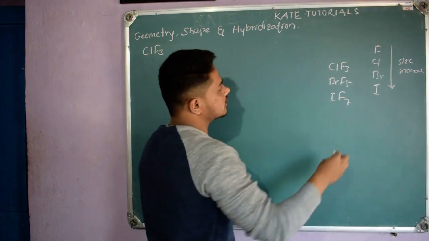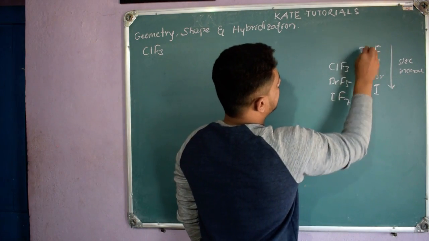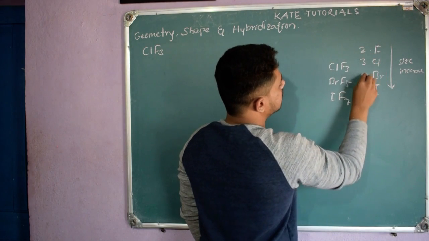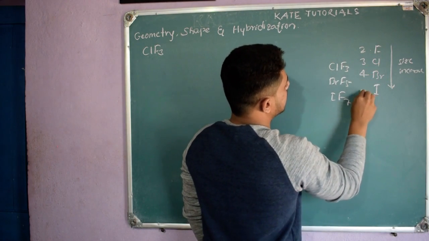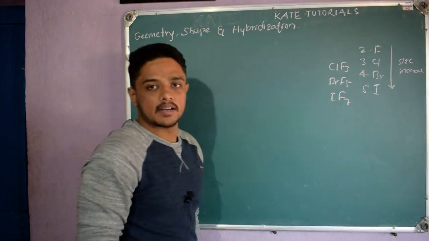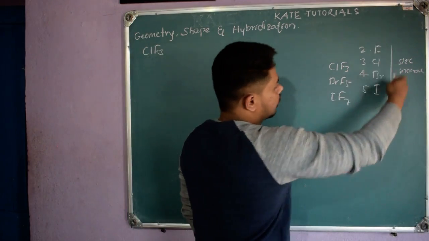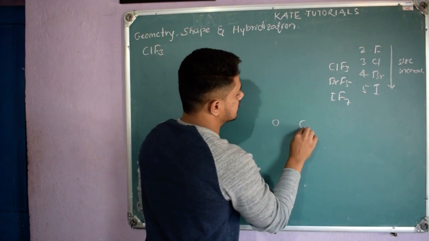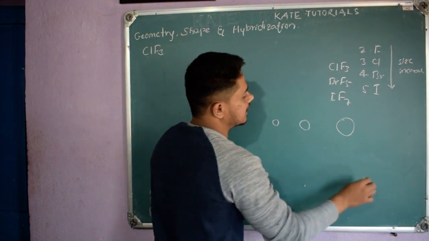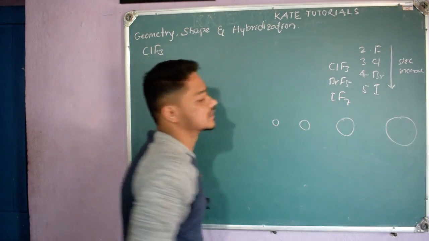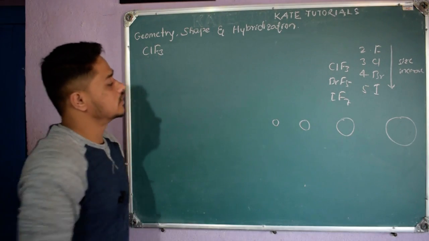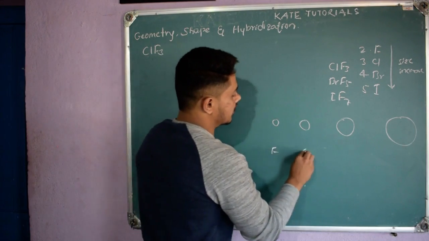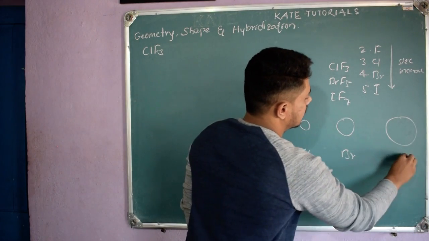Fluorine belongs to the second period, chlorine belongs to the third period, bromine belongs to the fourth period, and iodine belongs to the fifth period, right? So as we go down the group, size increases. Fluorine size is this much, chlorine size is this much, bromine size is this much, and iodine size is this much.